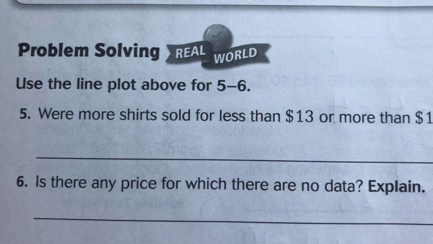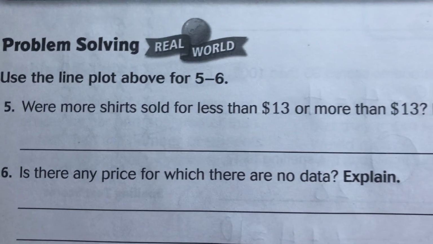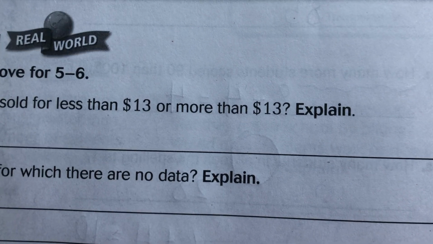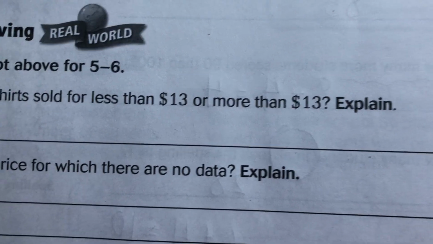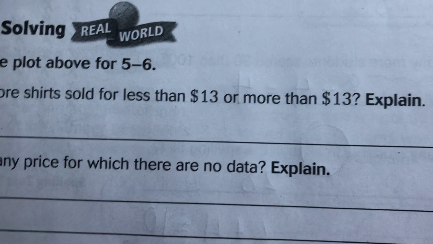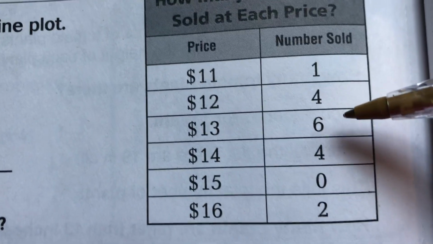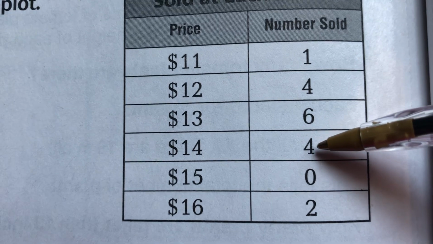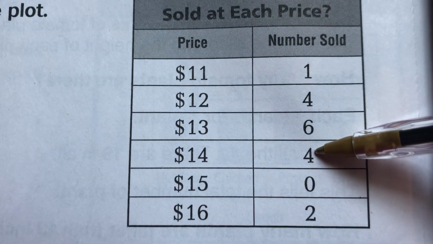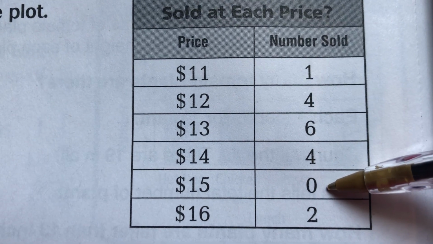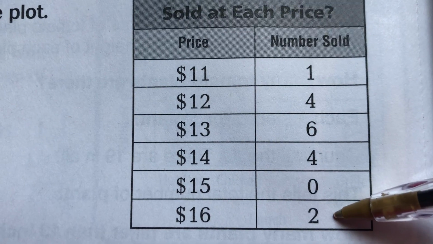Use the line plot above for 5 and 6. Were more shirts sold for less than $13 or more than $13? Explain. So, up here for more than $13 or less than $13. So, for more than $13, I have 4 were sold for 14, 0 for 15, and 2 for 16.